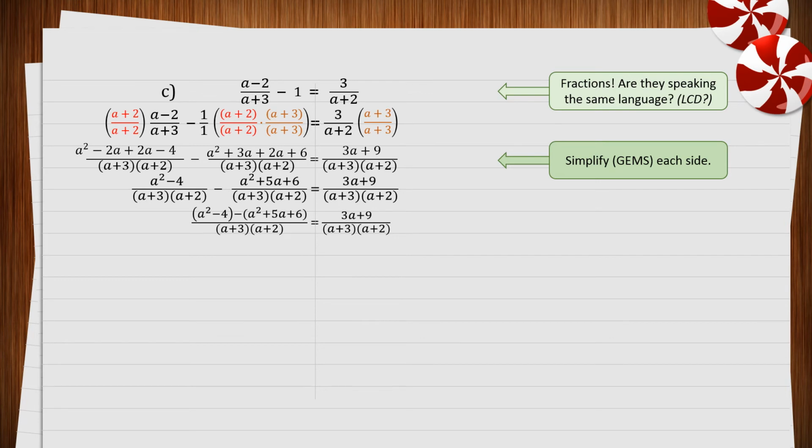On the left side, you're being asked to subtract two fractions, so you can now write them as a single fraction since they have a common denominator, but make sure you use parentheses. Once you combine them into a single fraction, see if there's any sign changes, and continue simplifying the numerator.